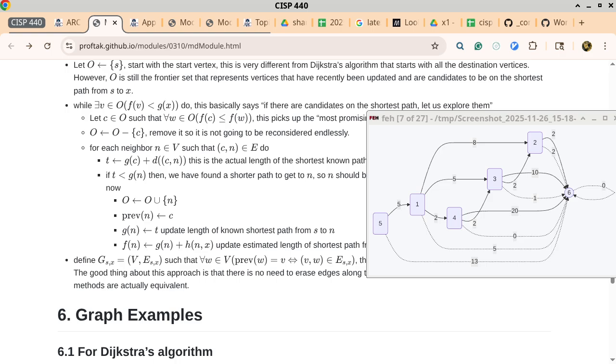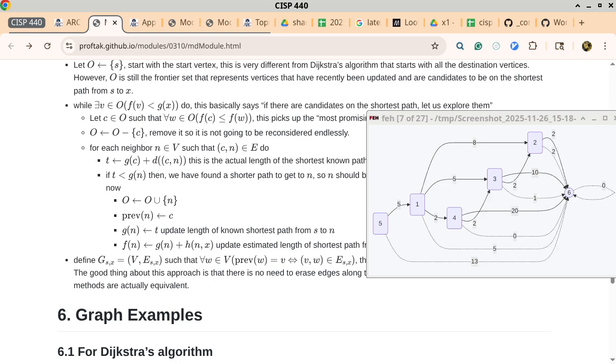No. Okay, so let's go back. Okay, go back a little bit more. The g value is the length of the shortest path from that vertex to the destination. f of v is the sum of g of v and h of v.